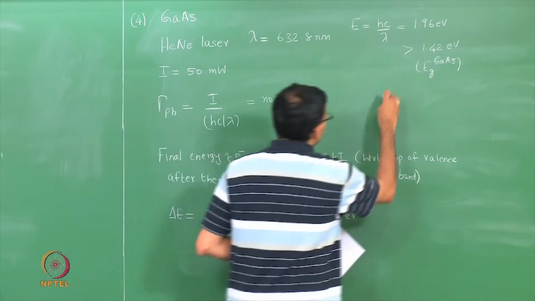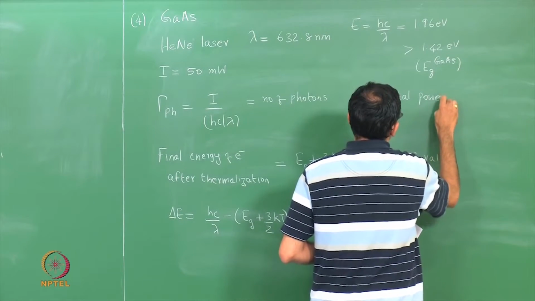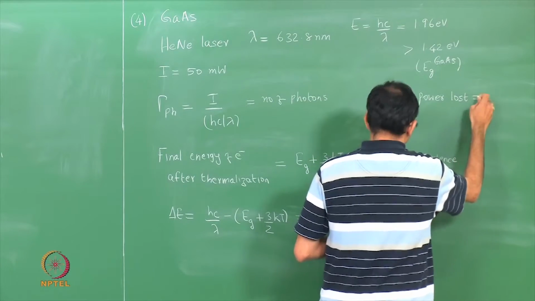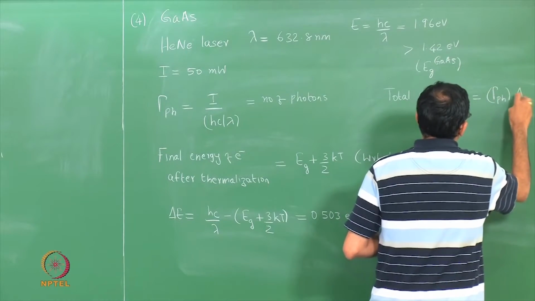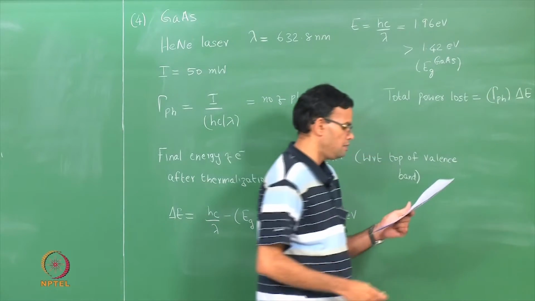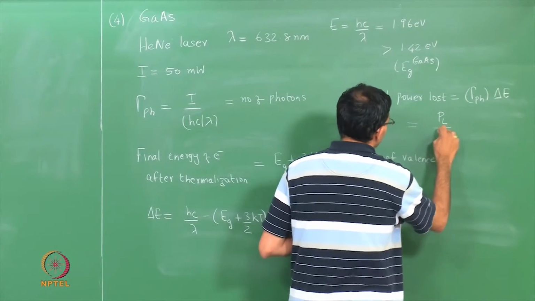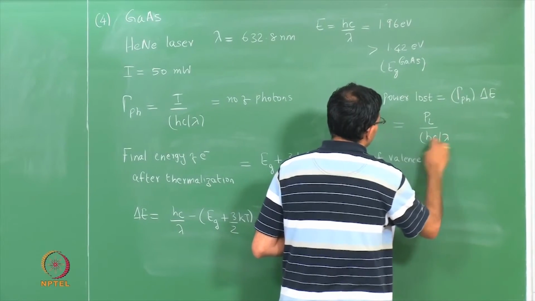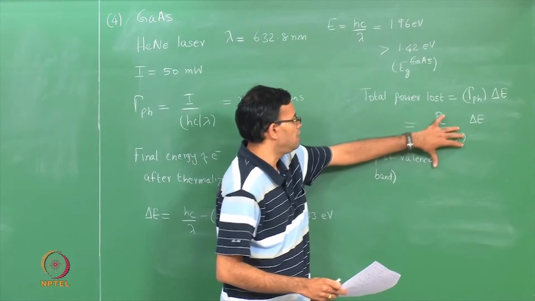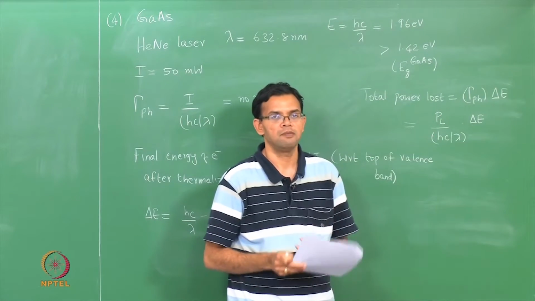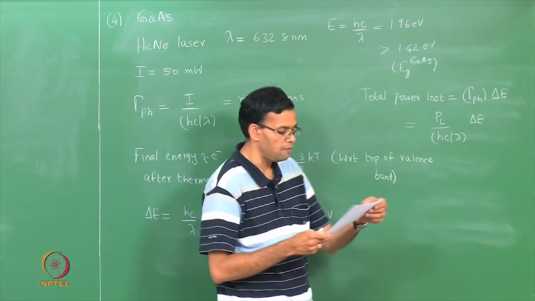So, the total power that is lost is nothing but gamma pH times delta E, which is nothing but the incident power PL divided by Hc over lambda times delta E. So, this is nothing but the ratio of the incident power to the photon energy times the energy that is lost, which depends upon the band gap.